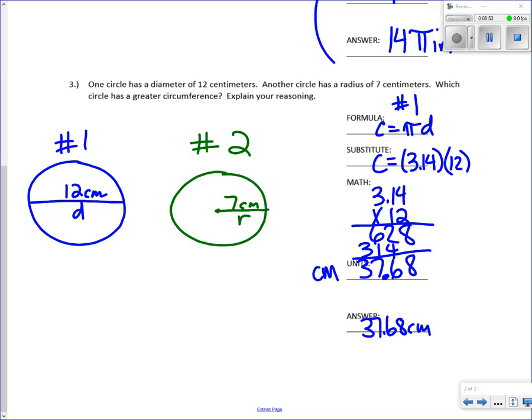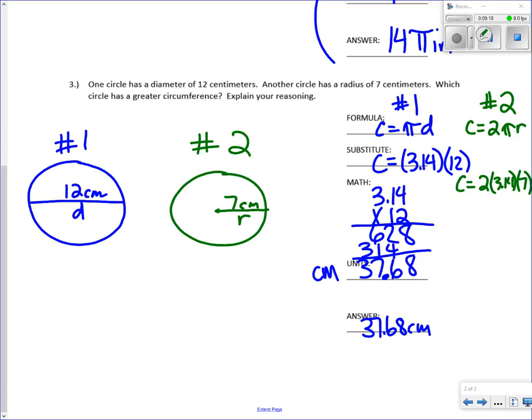Now I'm going to do number 2. I'm going to try to squeeze my work in over here. We're going to use the formula with radius this time: 2 pi r. Now I'm going to substitute in my information. 2 times 3.14, and radius is 7.